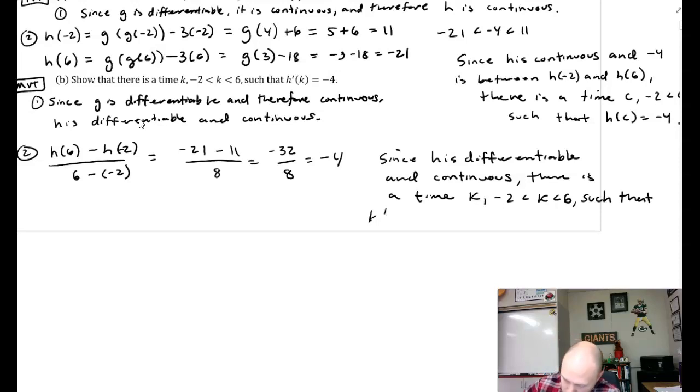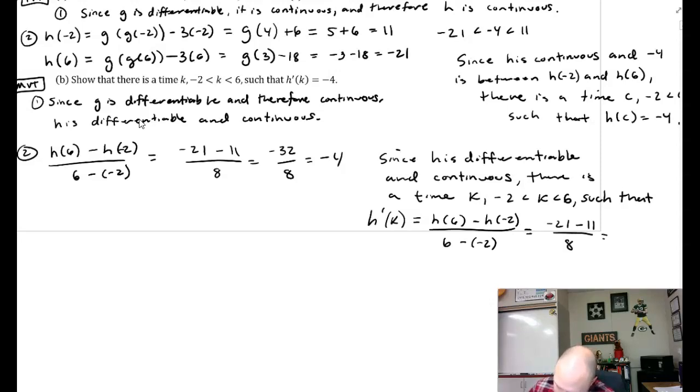So h prime of k is equal to h of 6 minus h of negative 2 over 6 minus negative 2, which is equal to negative 21 minus 11 over 8, which is equal to negative 4.